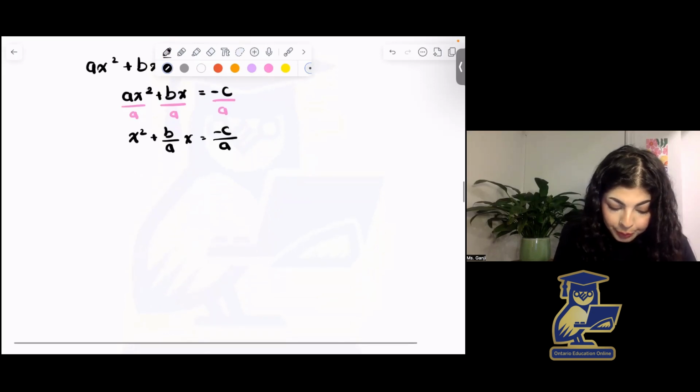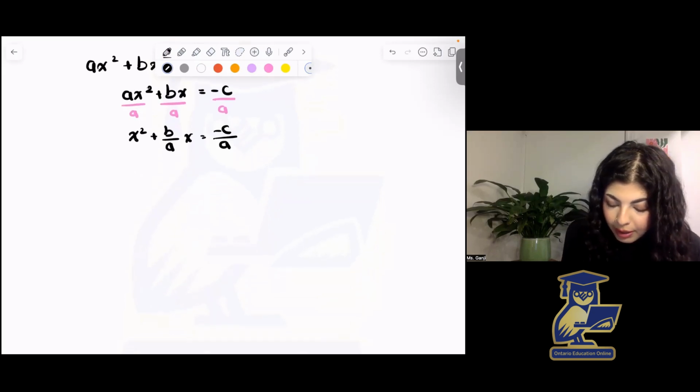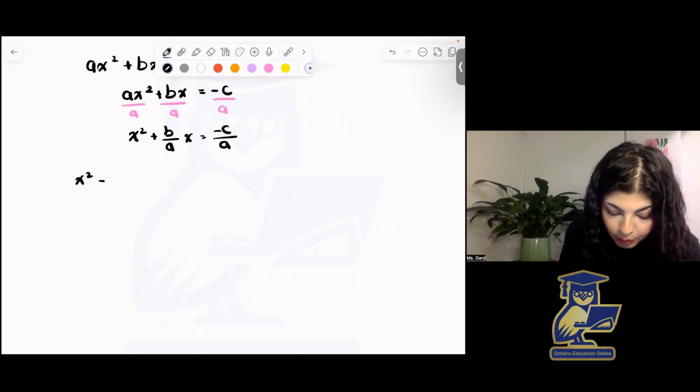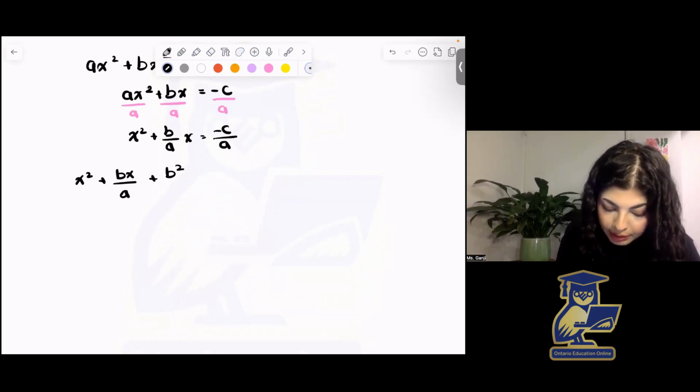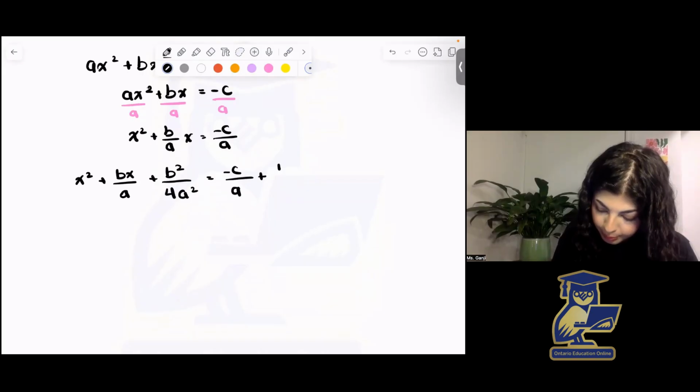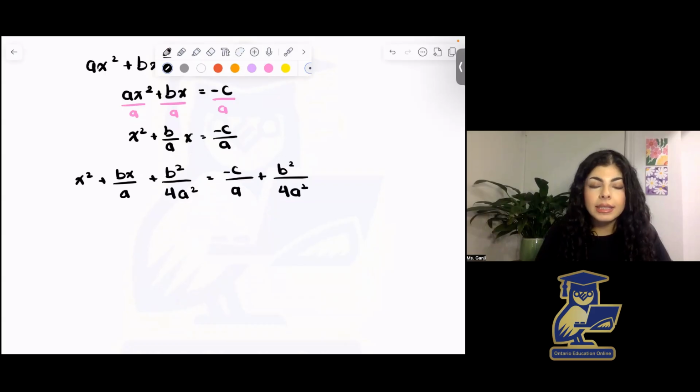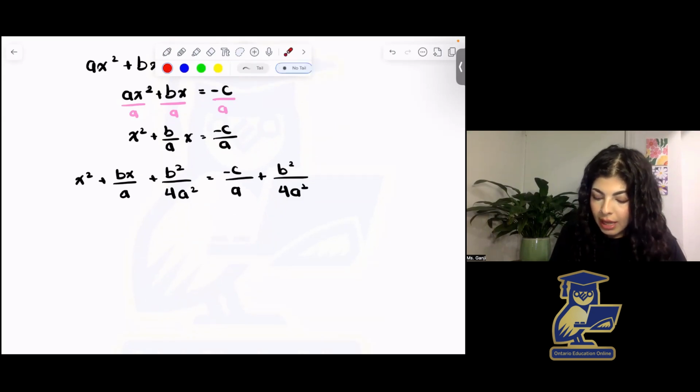So now you'll see why I do this later on, but for now, just trust that I'm going to, from here, add this term to both sides. I'm adding the same value to both sides, so I'm not actually changing anything because these two are the same.